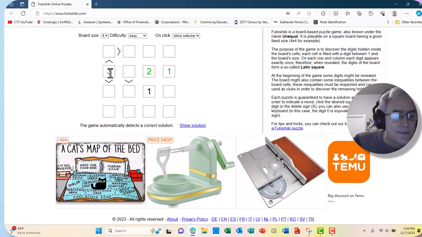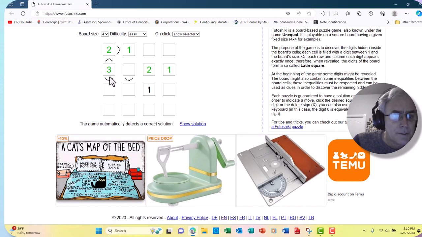But if that's a 3 or a 4, okay, it could be a 3 or a 4. So let's find out what happens if it is a 3. Well, if it's a 3, this one's bigger than that one, and then that number is bigger than that one. So this would have to be a 2, and this would have to be a 1.